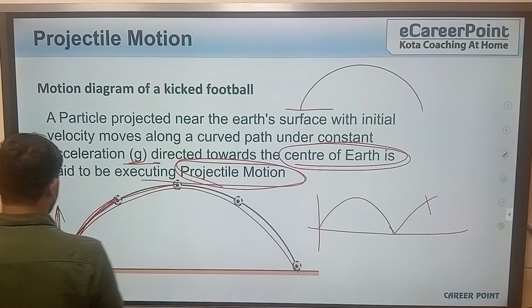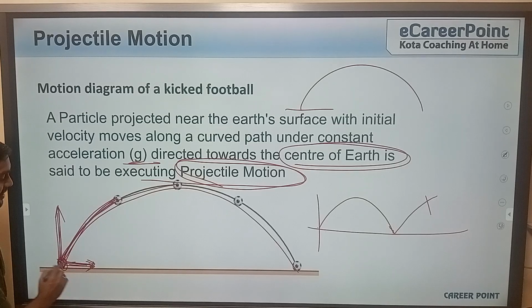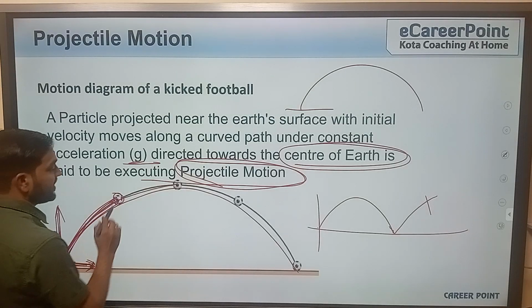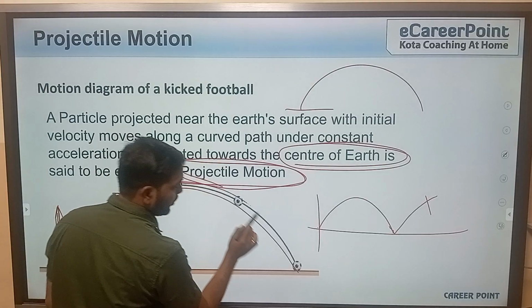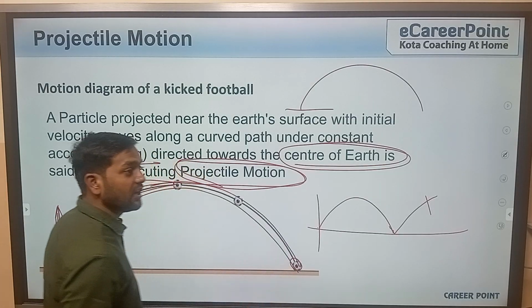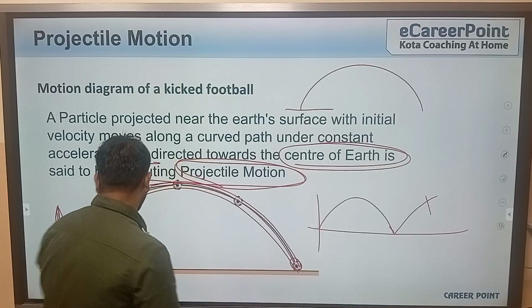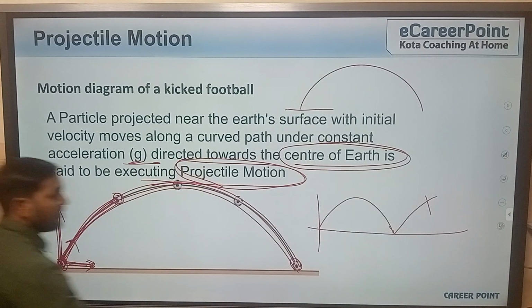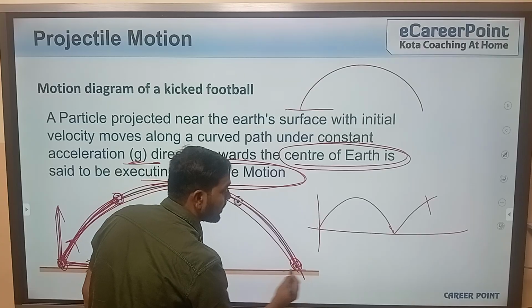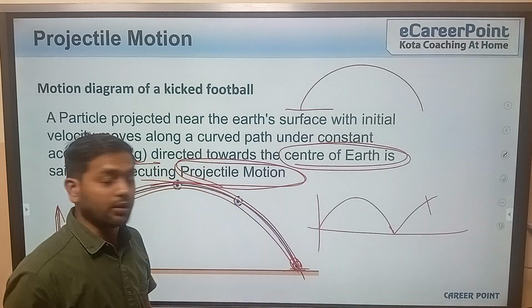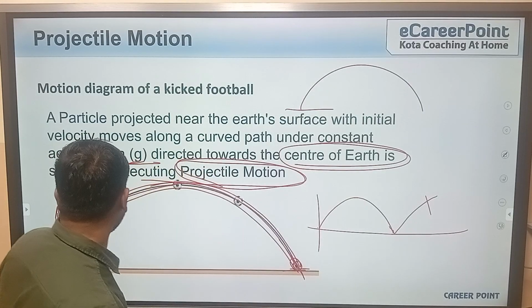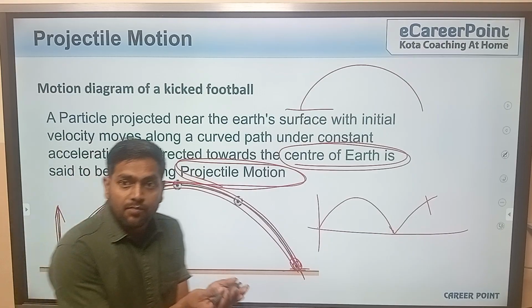Here this object is moving up to here, and then after it moved to here, and then to here. The same velocity we are going to get here. This object is moving upwards.